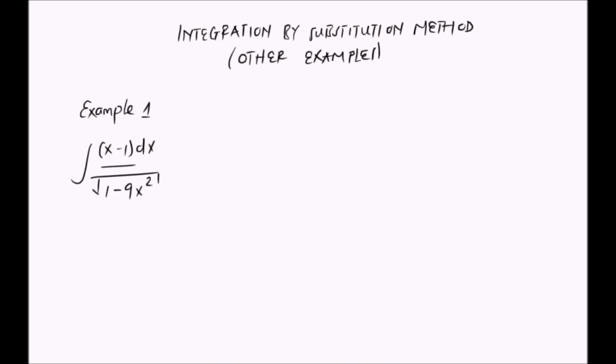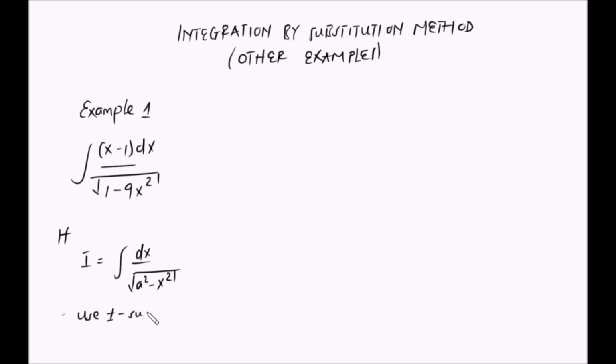So see example 1. So in the previous tutorial we said if you have an integral like this, integral of 1 over the square root of a squared minus x squared dx, we said you can use substitution method.